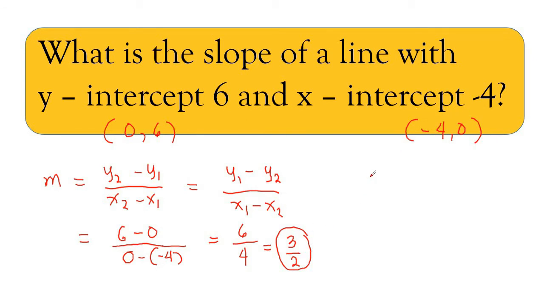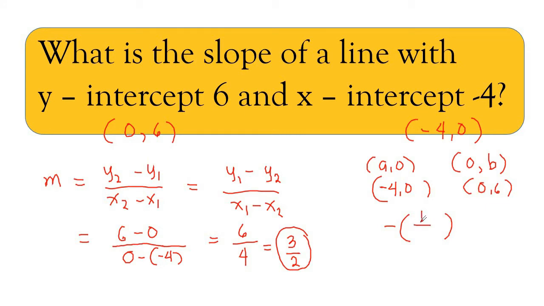We can also answer this question by again using our symbol for x-intercept, that's (A, 0) and (0, B). In our given 2 points, (A, 0) is (-4, 0), and (0, B) is (0, 6). So to answer this question, given the y-intercept and x-intercept, you're just going to find the negative ratio of the value of B over A. So in our case, our value of B is 6.